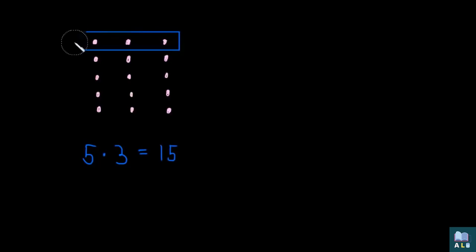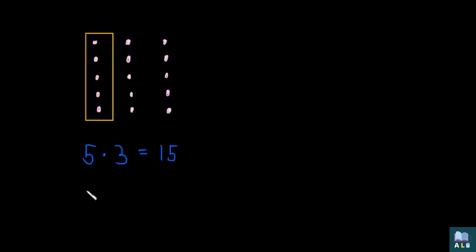Others of you might look at it a little bit differently. Instead of seeing 5 groups of 3, maybe you see 3 groups of 5. So here's a group of 5, and there's 3 of those, so that's 3 times 5, which still gives us 15 total dots on screen.